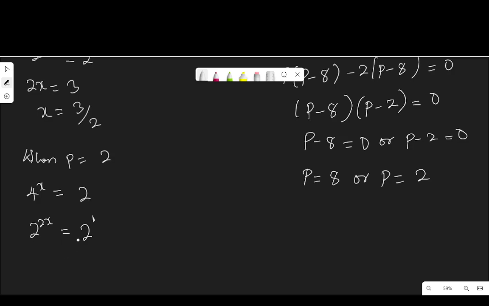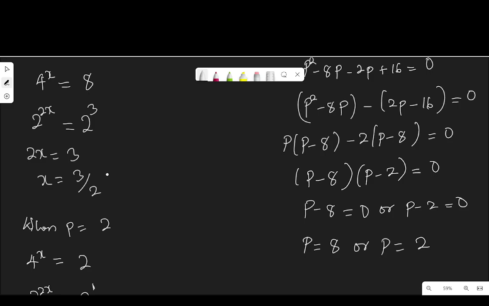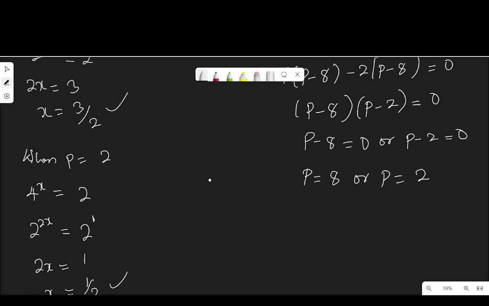The bases are the same, so we can equate the powers. The 2x is equal to 1. So x, therefore, is 1 over 2. So one of the roots of the equation is 3 over 2. The other root is 1 over 2.